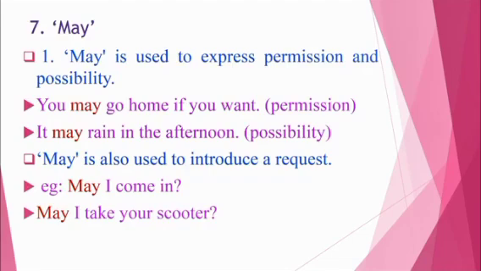Next, we move on to may. May is used to express permission and possibility. Example sentences are: You may go home if you want. This sentence denotes permission. The next example sentence is: It may rain in the afternoon.